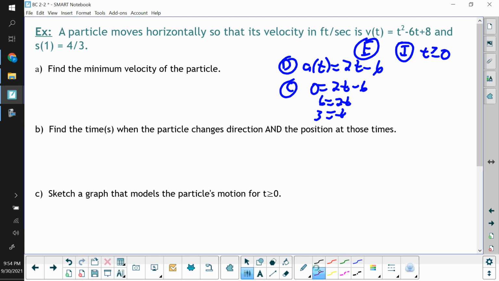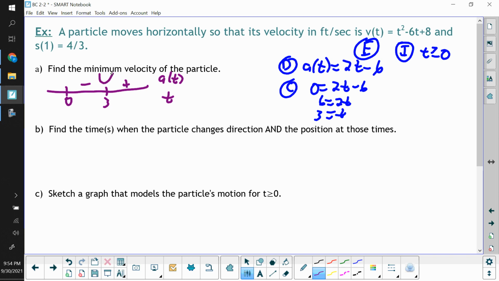Then I'm going to move over to the left here for my tests. We'll have 0 and we'll have 3 on the number line. This is a of t that we're subbing into because it's the derivative of the velocity. If we sub 1 into our acceleration function, we'll get 2 minus 6, so a negative. If we sub 4 in, we'll have 8 minus 6, so a positive.